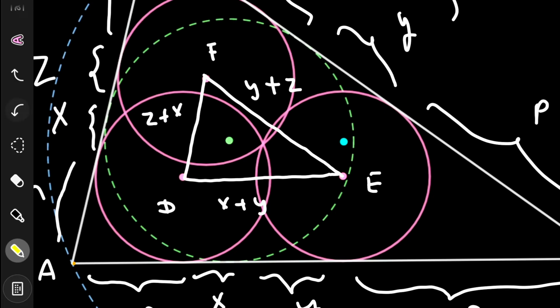Now we will utilize the most important fact that all these pink circles are meeting at this particular point.